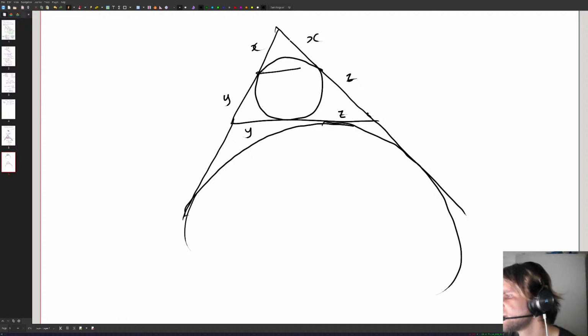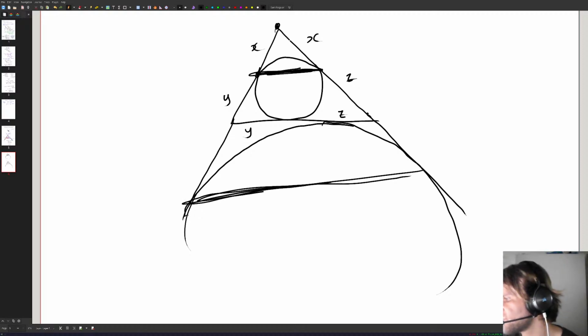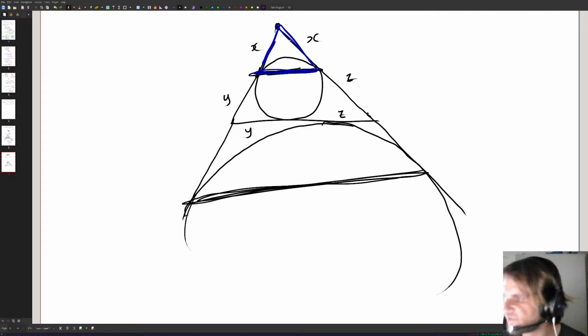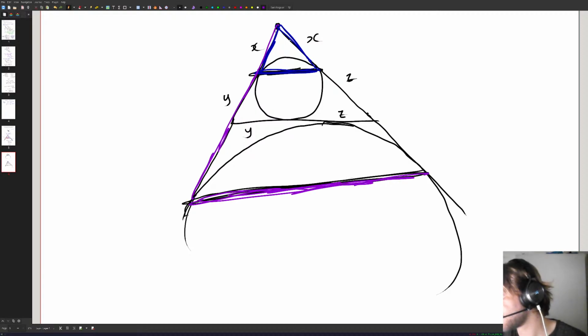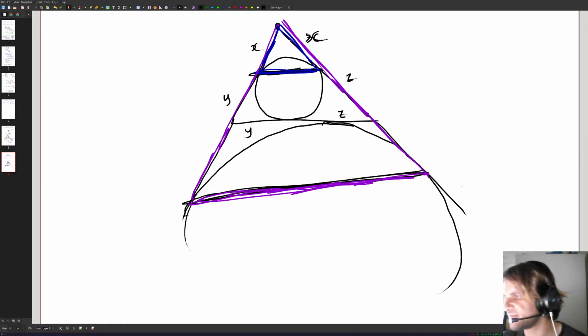So if I join those to those, if I have this blue triangle and this purple triangle, they are similar, because the ratios of these lengths are x to x plus y plus z, right? Because we know that this is y and this is z from what we were doing earlier.